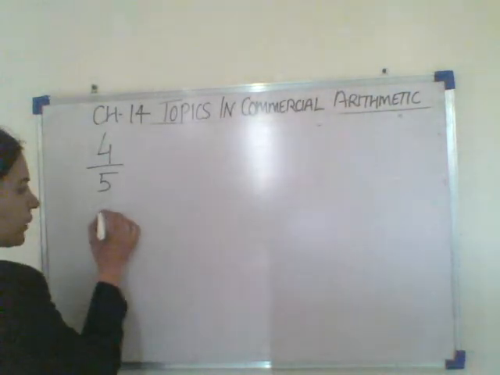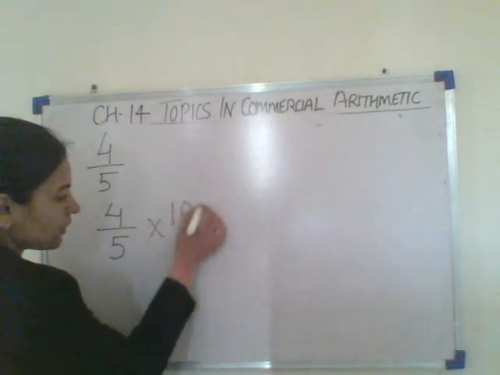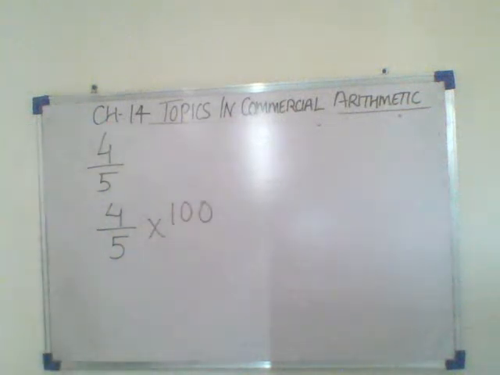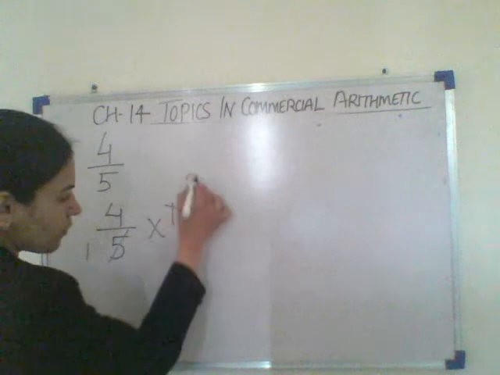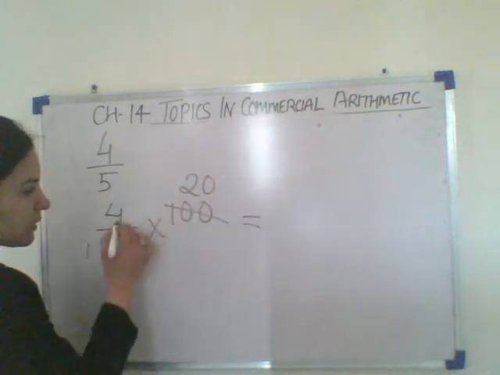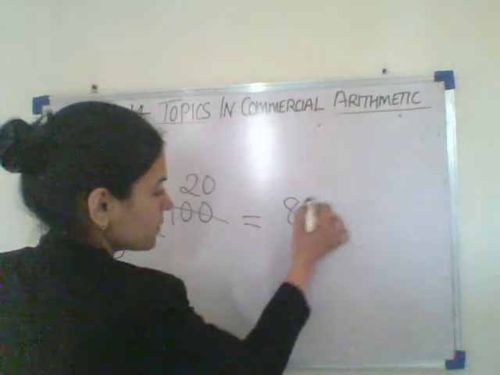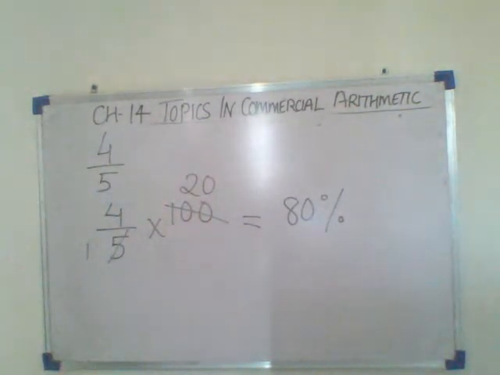So 4 upon 5 multiplied by 100. 5 twenties are 100, and 20 multiplied by 4 is 80. So the percent is 80%.